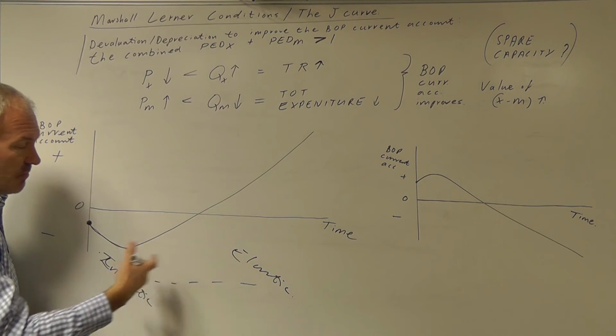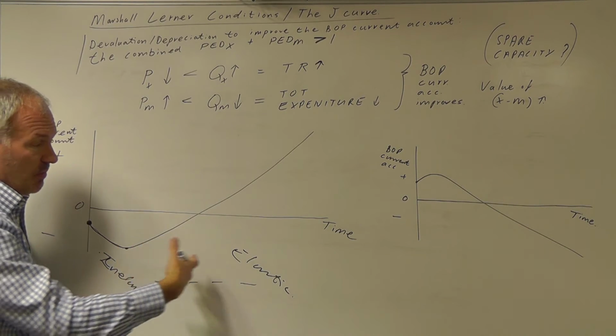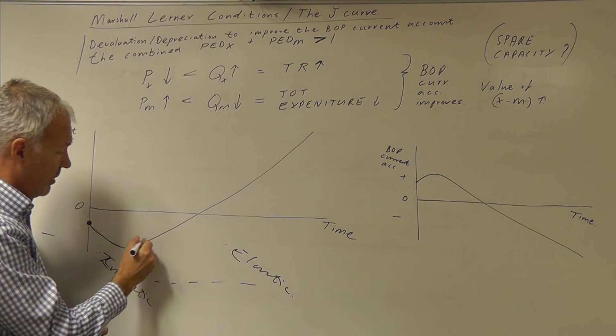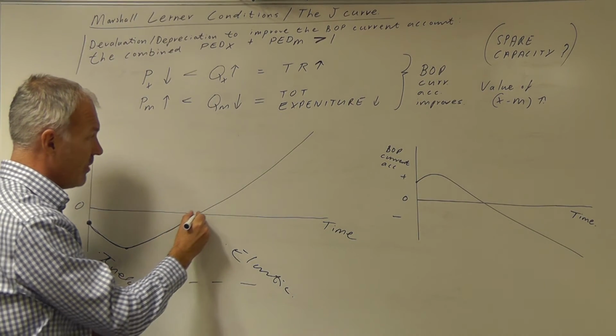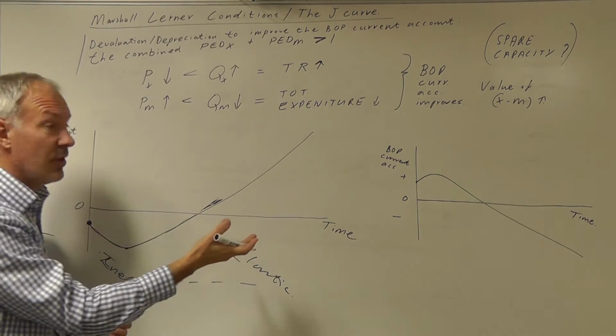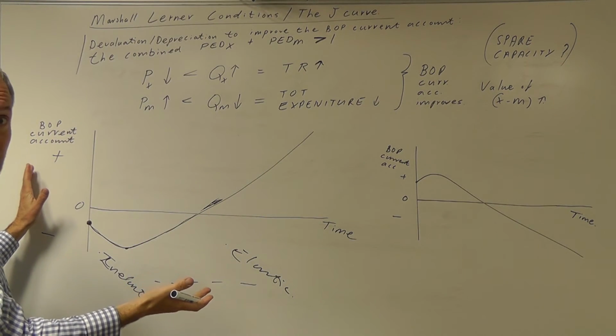However, after a certain time, it becomes more long run, then obviously the PEDs become more elastic, and then the balance of payments current account will improve. That is simply called the J-curve effect.